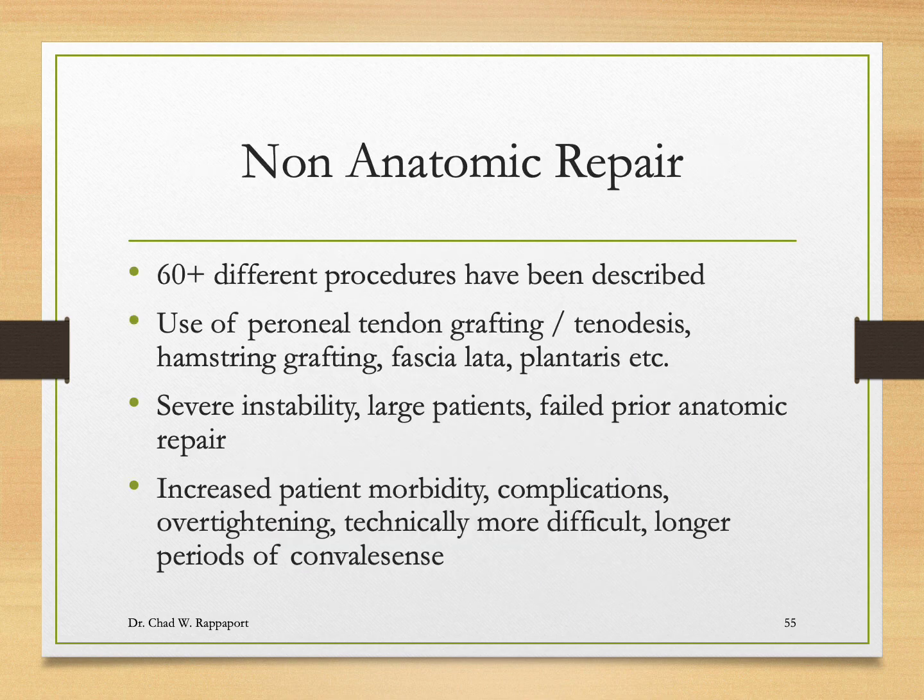Briefly touching on non-anatomic repairs, there are over 60 different procedures which have been described in the literature using different types of graft, including the peroneal tendons, the hamstring, and fascia lata. This is typically and historically done for patients with more severe instability, larger patients, or patients who failed prior anatomic-like repairs.